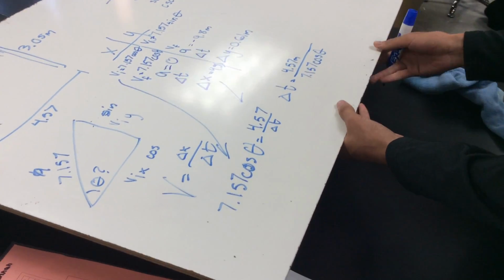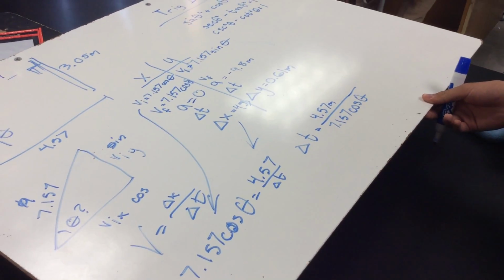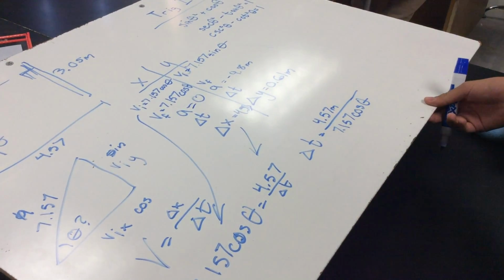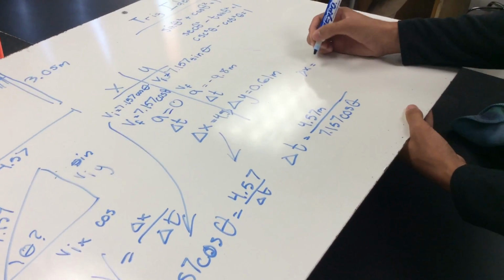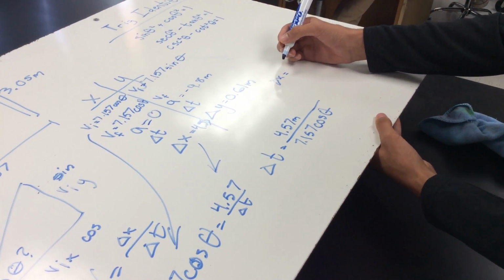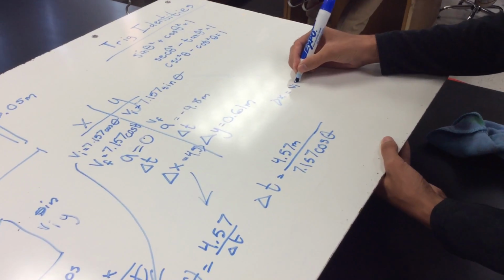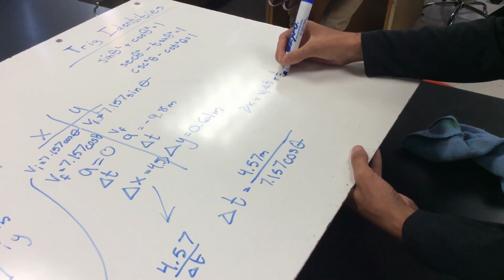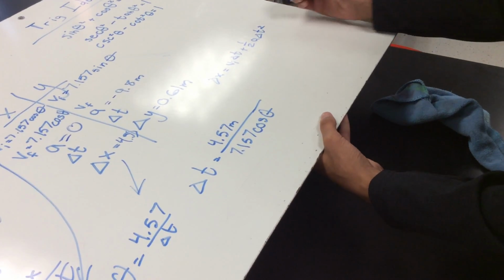So then basically you're going to have to substitute t into one of the kinematic equations to try and find it. The kinematic equation you're going to use is change in y equals vi change in t plus 1/2 acceleration change in t squared.